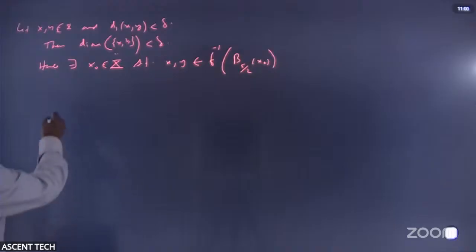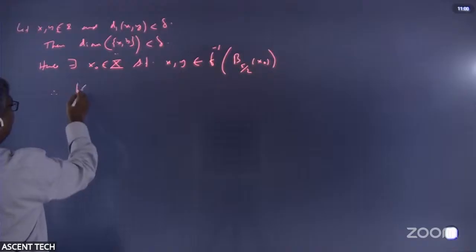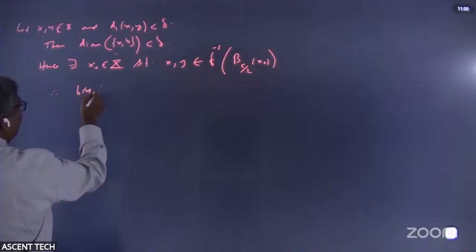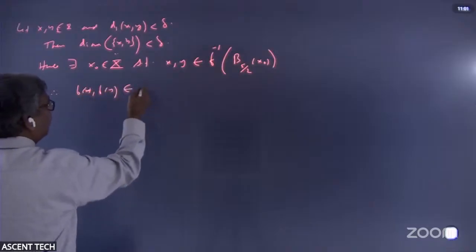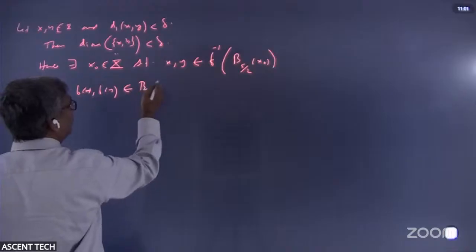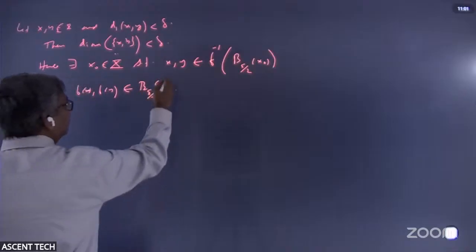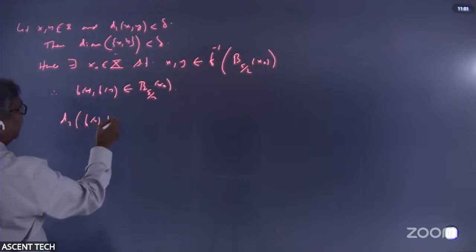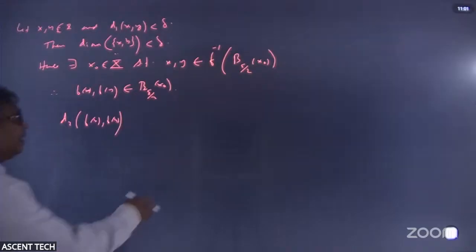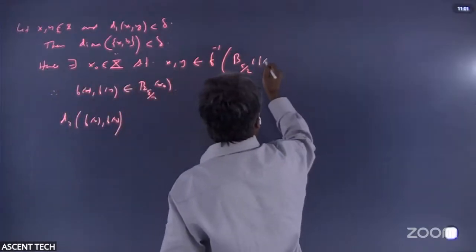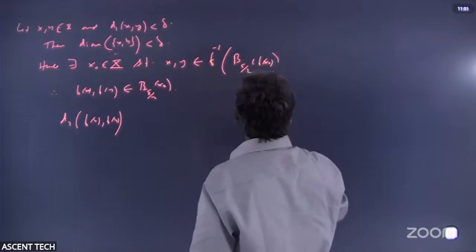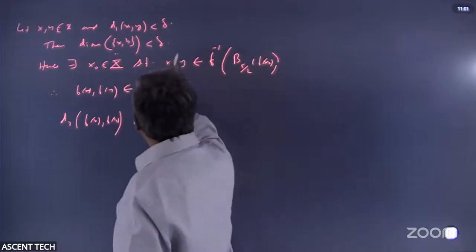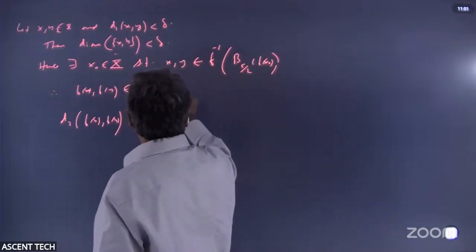So therefore f of x and f of y are in B of epsilon by 2 centered at f of x naught. This is the ball on the right hand side, right?